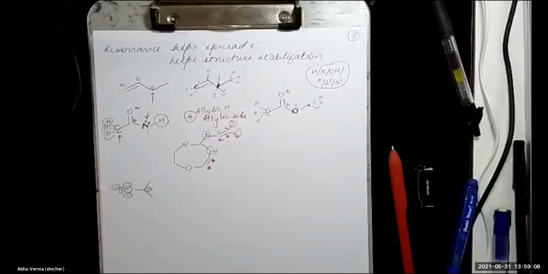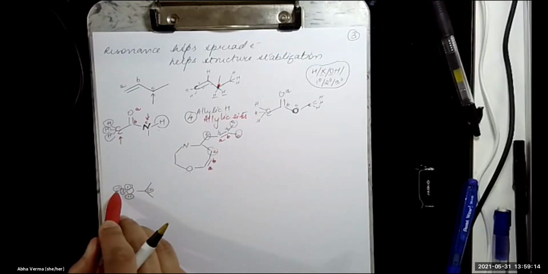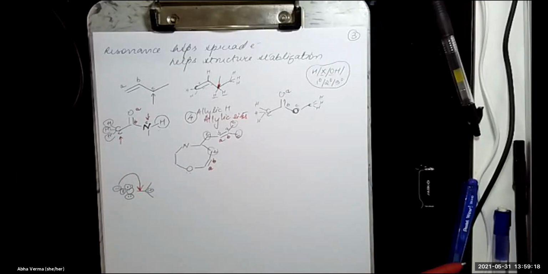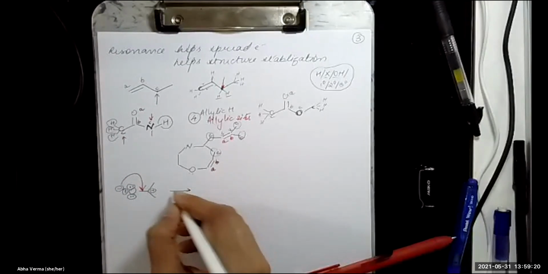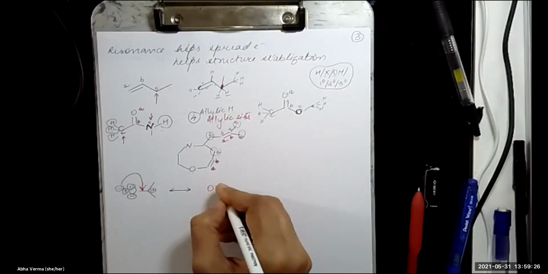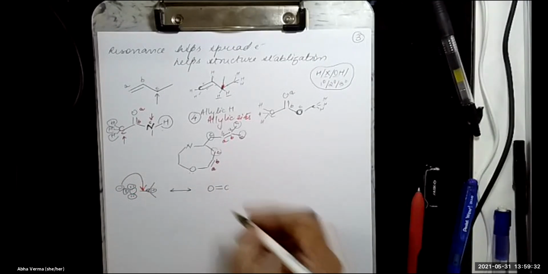Let's try to do a few examples here. So from electron rich area to electron poor area. And I will show resonance with a double-sided arrow with O. Now I will make a new bond between this oxygen and carbon.